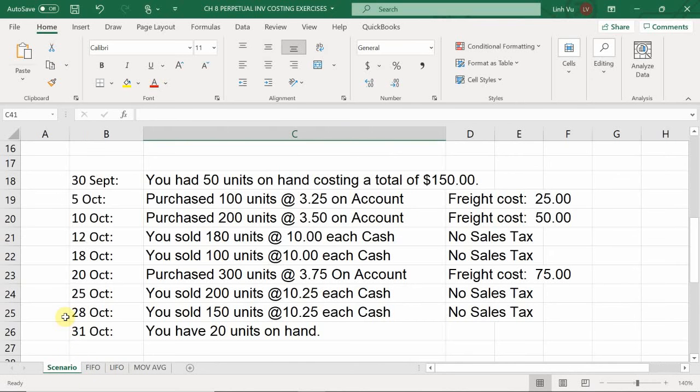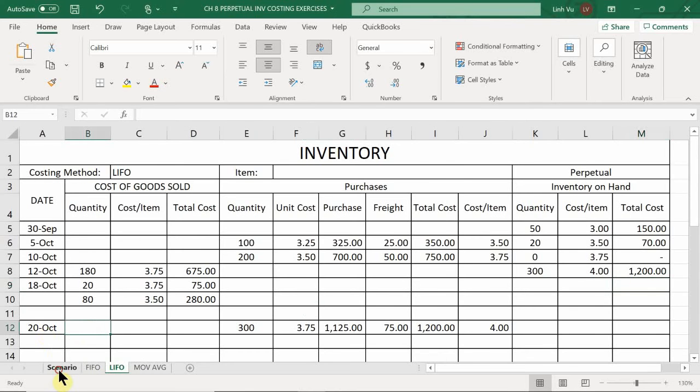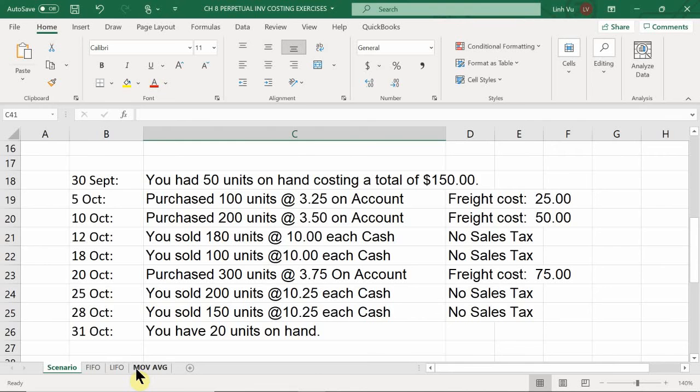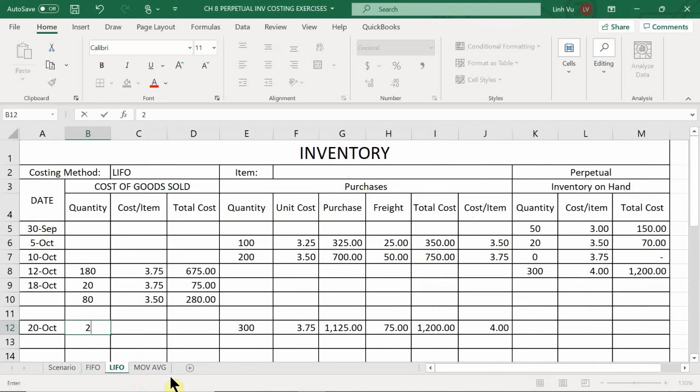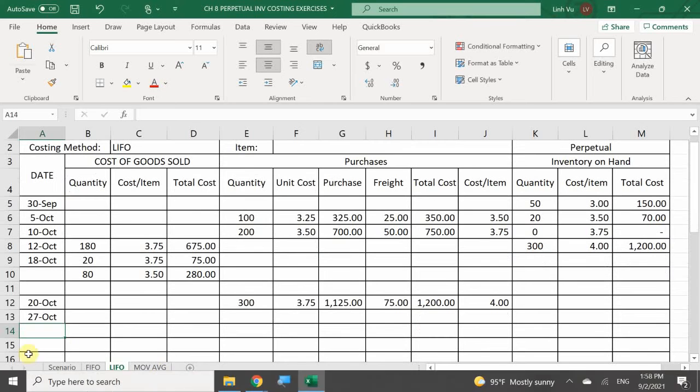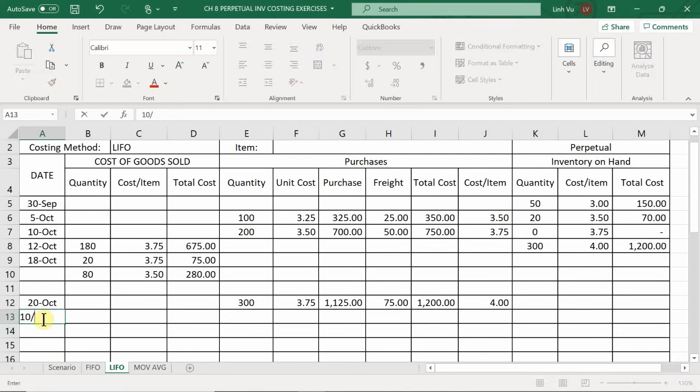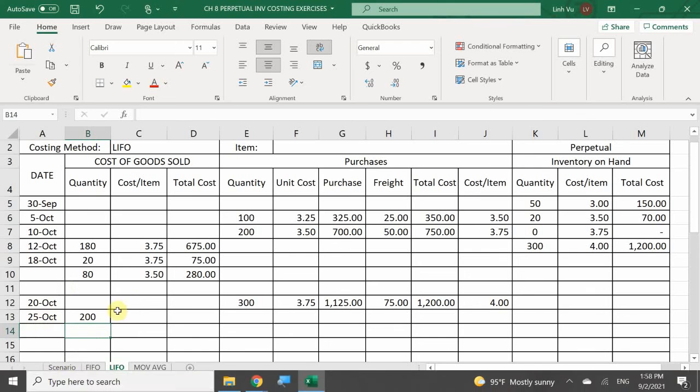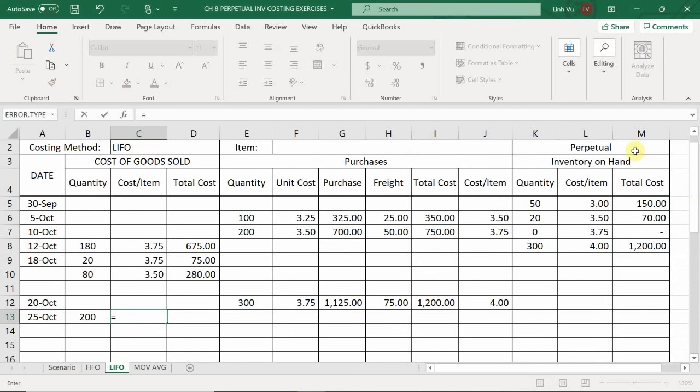So then on October 25th, we end up selling 200 units at $10.25. Looking at our inventory on hand, we would take 200 of those from the 300 batch at $4.